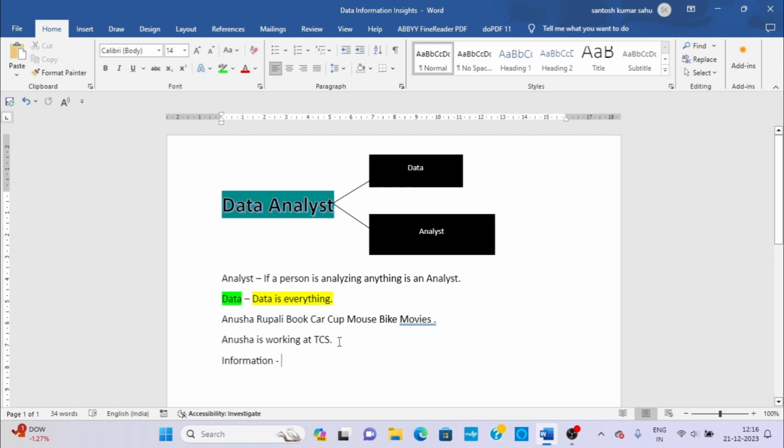So whatever data we get, if it is meaningful, then it is information. So what's the definition of information? Any meaningful data is information.